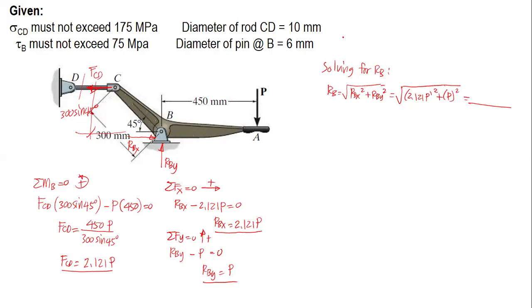The answer is 2.345 P. Now, since we have the force of CD and the reaction at B in terms of P, we can now solve for P.